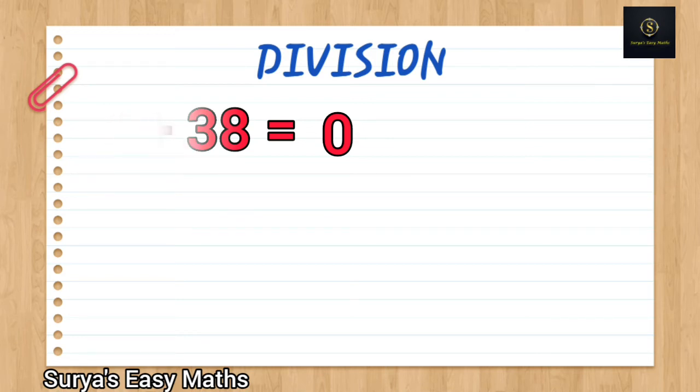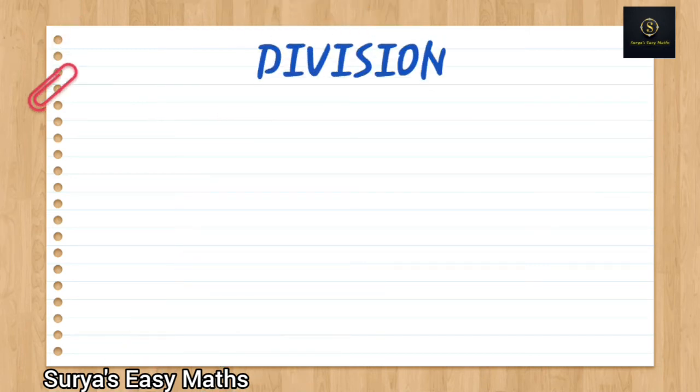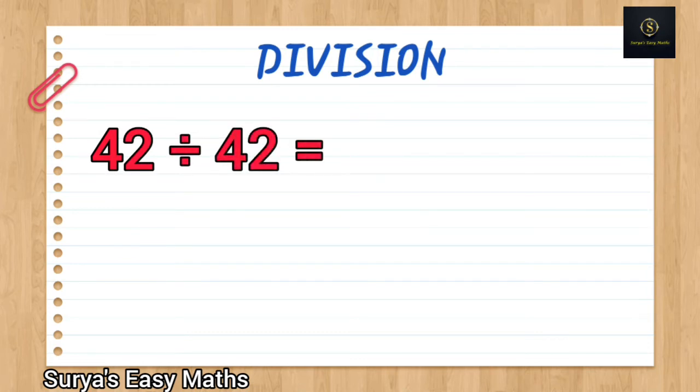Now, let's see one more example. 42 divided by 42 is equal to what? So children, observe carefully. What will be the quotient of this? Do you remember something? Recall the properties of division.